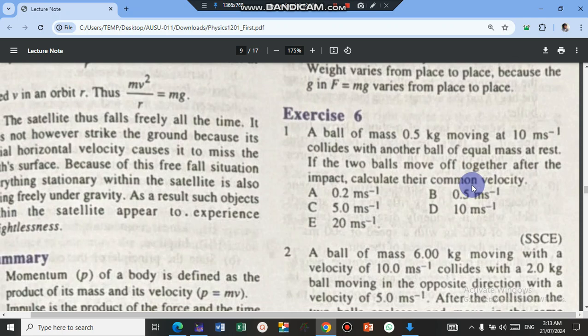Using the principle of conservation of linear momentum, total momentum before collision equals total momentum after collision. Before collision it was 5, after collision it was v. So 5 is equal to v, which means v is equal to 5. And your answer should now be C here.